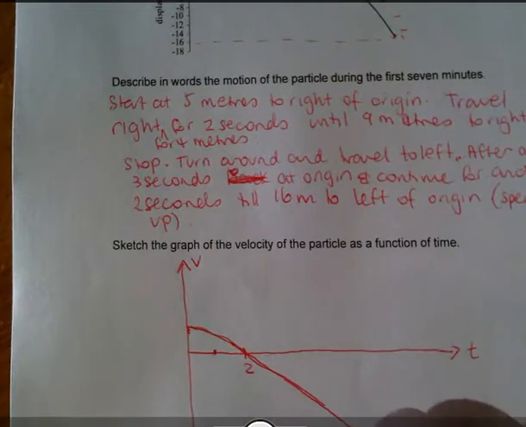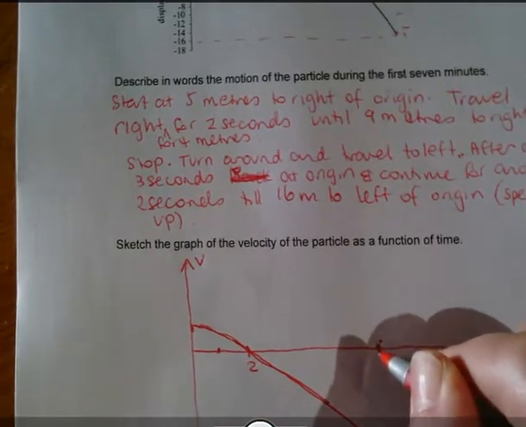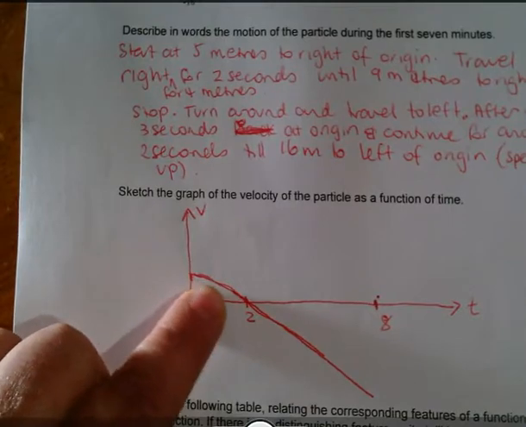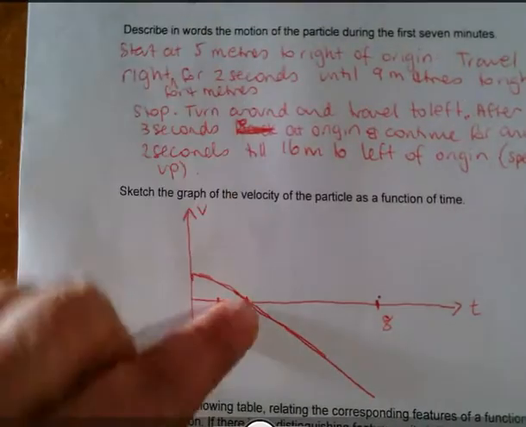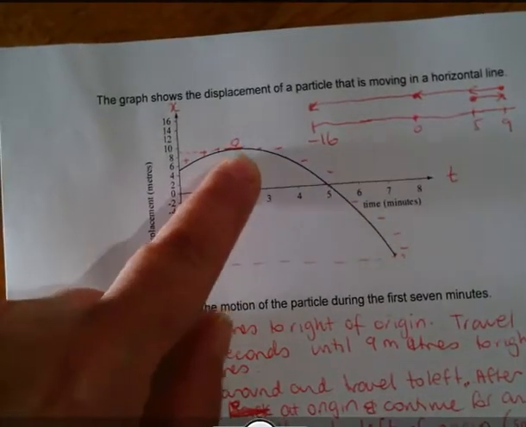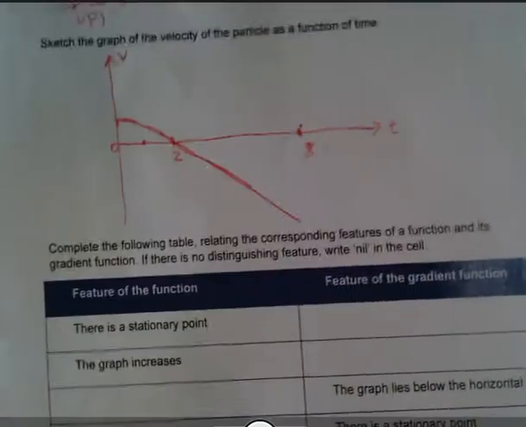Okay, and it would look something like this, and that's up to 8 seconds. As long as you've got some positive velocity up here, then you've got zero velocity, because that's a zero value for velocity. And then after 2 seconds, all my velocities are negative because my gradient's negative. Okay, now we're going to be doing more of that sketching later on.